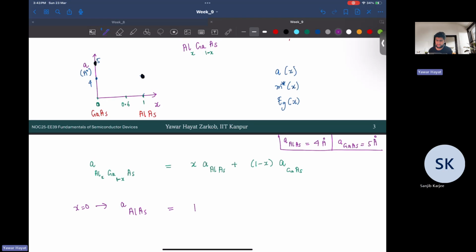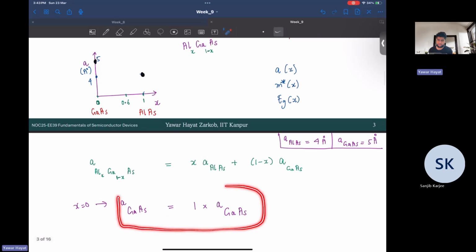So this would be 1 times the lattice constant of gallium arsenide, which is actually the case. Since we know this is 5 angstrom, the lattice constant of gallium arsenide is indeed the lattice constant of gallium arsenide from this formula.